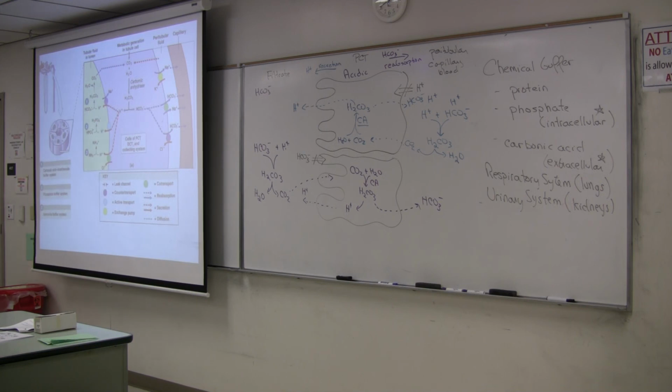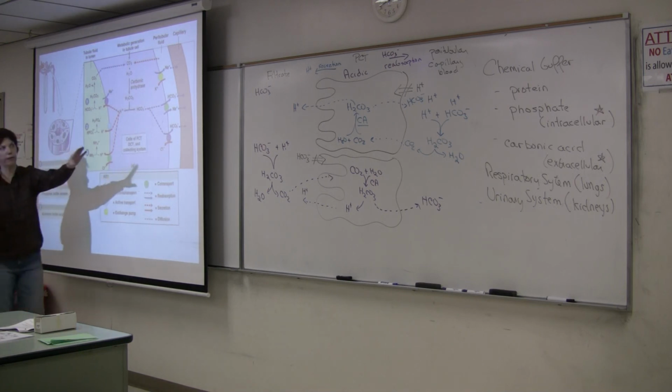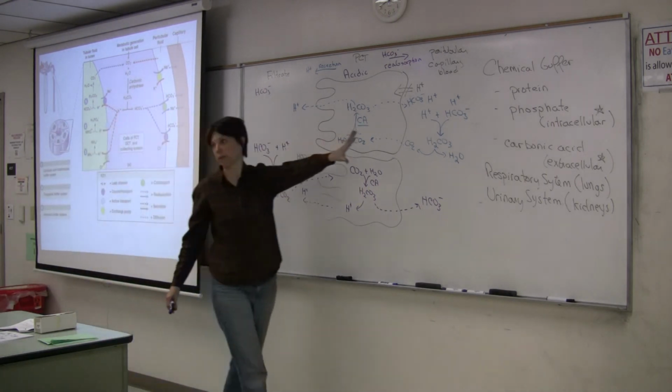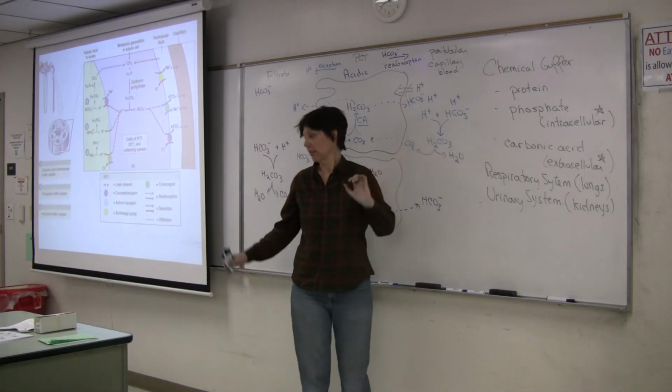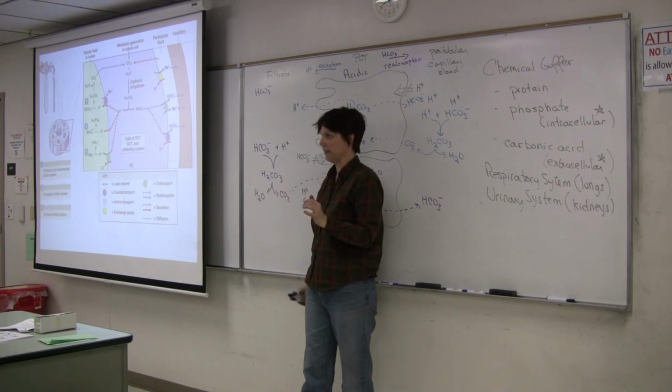How come we don't see protein as one of the buffer systems here in the filtrate? Protein doesn't cross, exactly right. Unless we have a damaged glomerular filtration membrane, protein doesn't cross. So protein would work as a buffer in the peritubular capillary bed, but not in the filtrate.